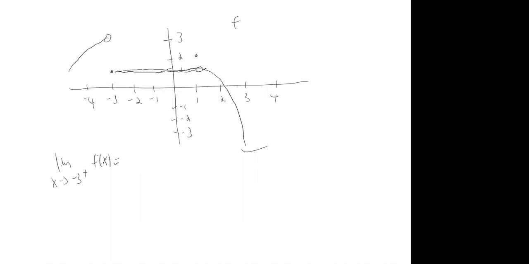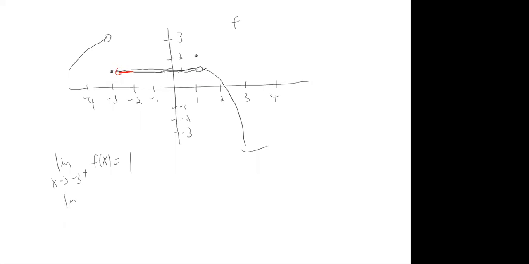Just think about it: as x approaches -3, where does f of x approach? Let me put it in red. As you go to -3 from the right, you're approaching 1. Everyone see that? So this is 1.